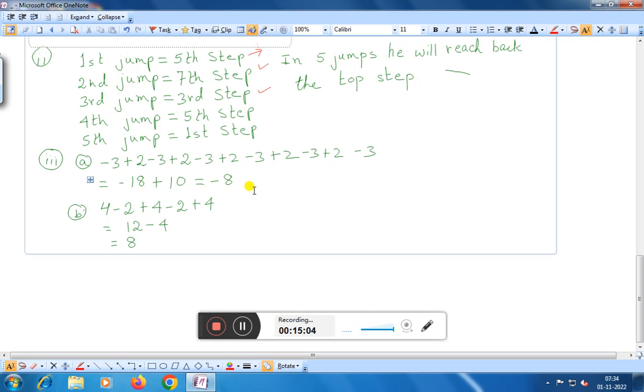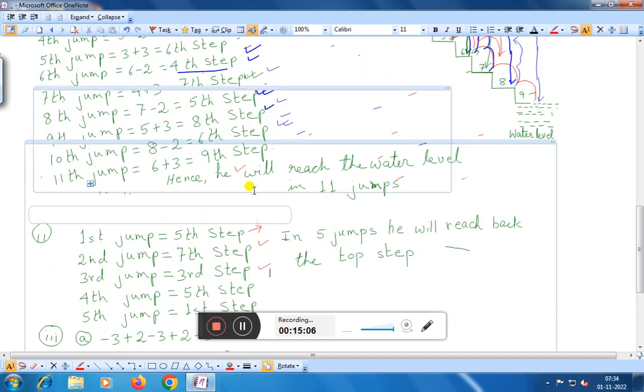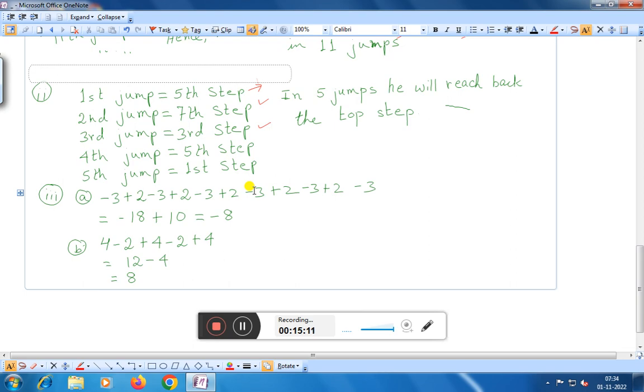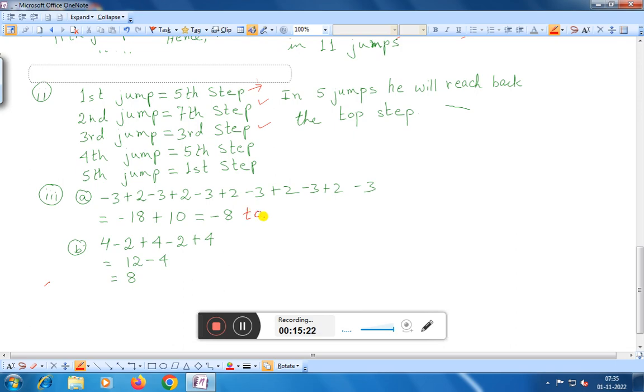Minus 8 means he will reach the ninth step, and minus 8 means towards downward, 8 steps downward.